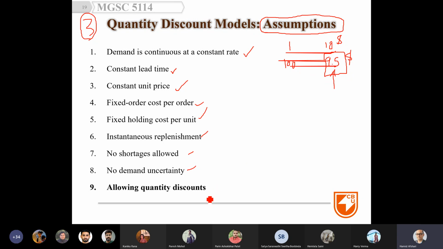The only thing that is changed is here, allowing quantity discount. We didn't have it in our EOQ model, yeah? In the basic EOQ model, we didn't have this assumption. But here we have this assumption that we are allowed to have some discounts based on the quantity that we purchase.